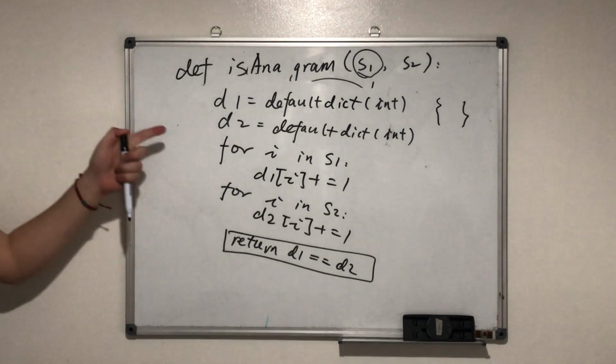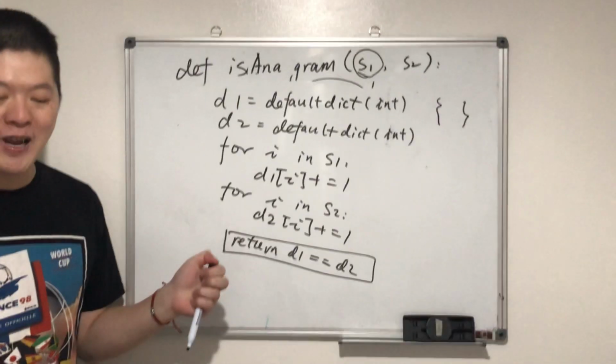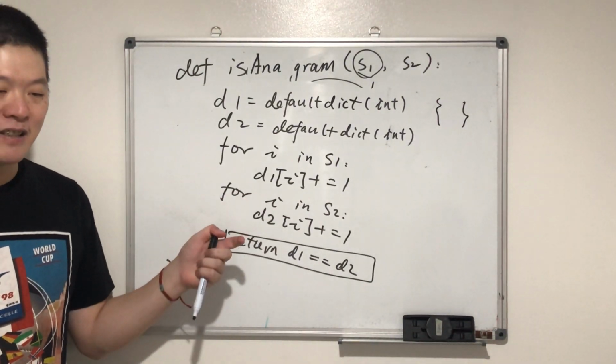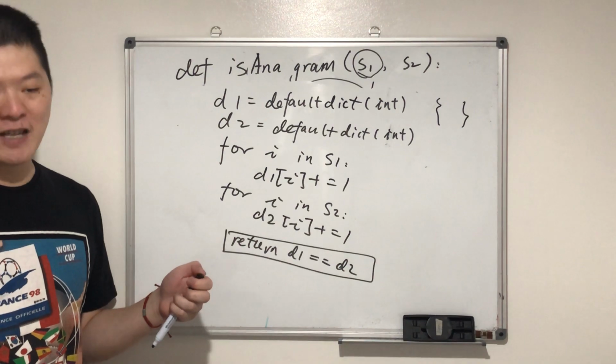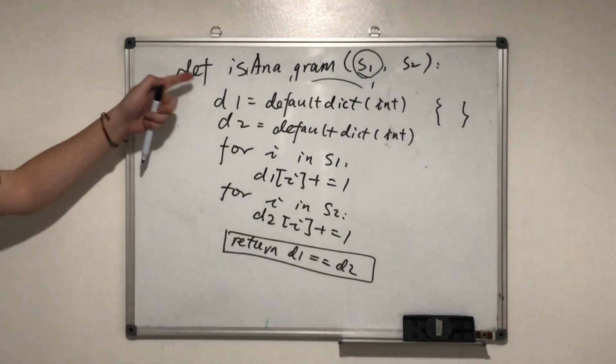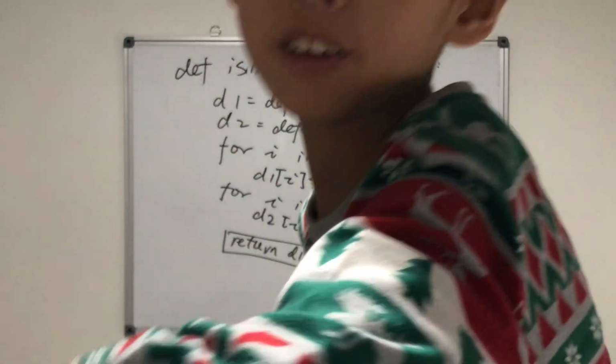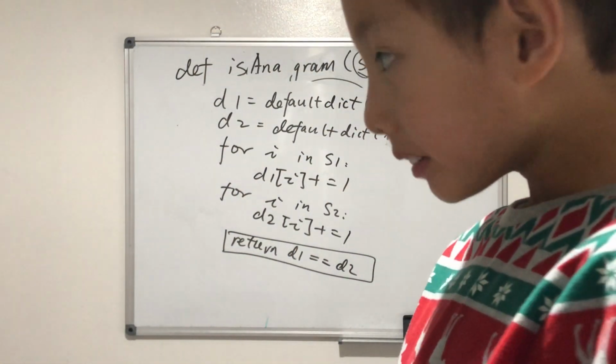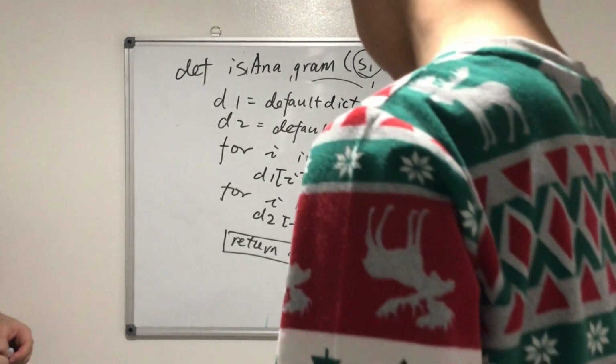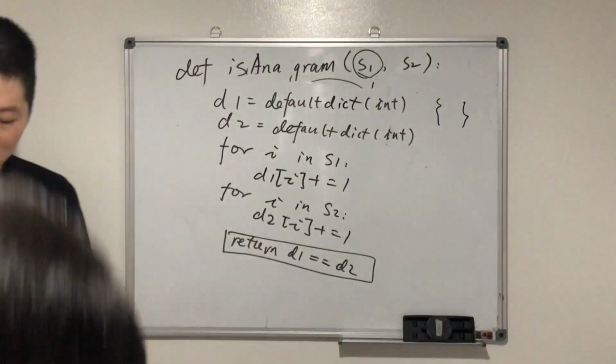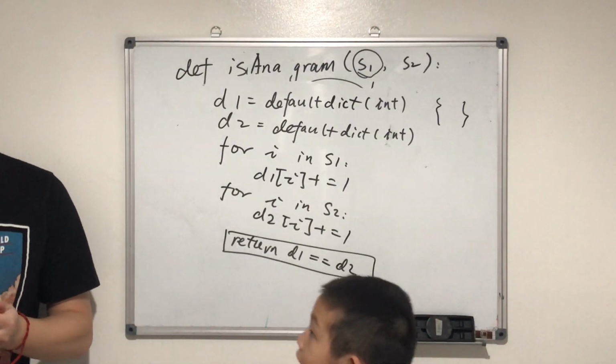How many methods have I told you today? Three, actually. This one, the previous one, and then another one. This is anagram. Any questions? Which method do you like best?